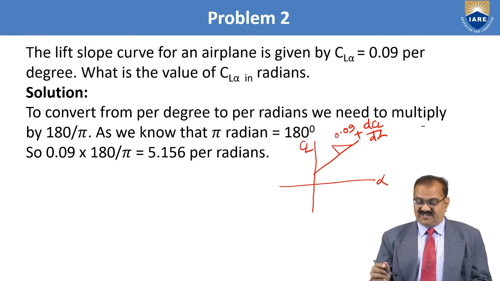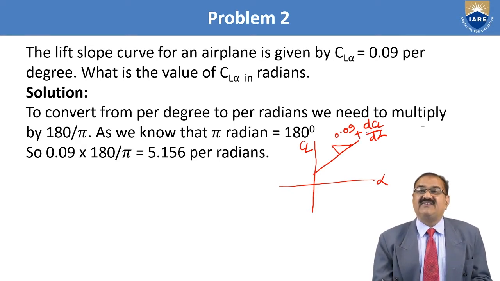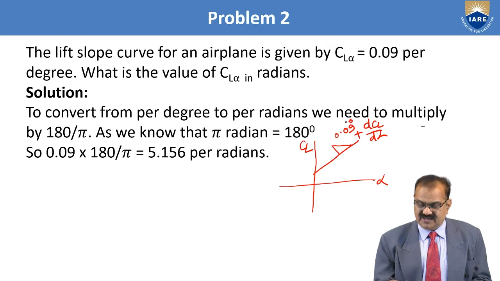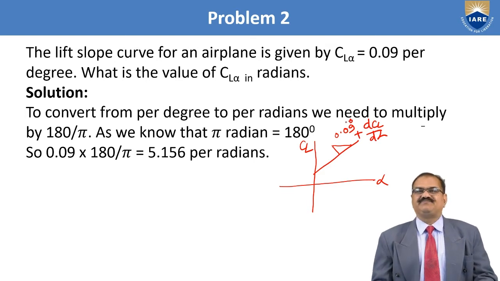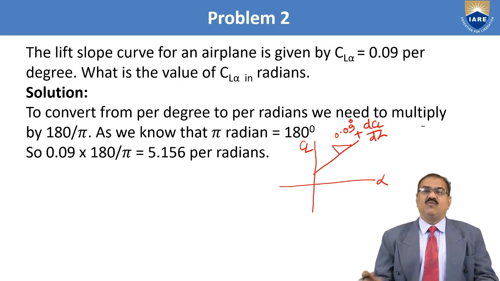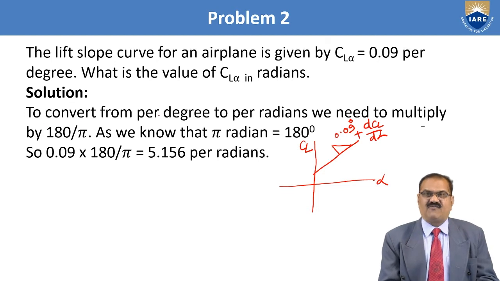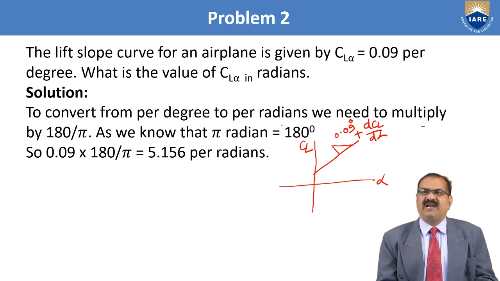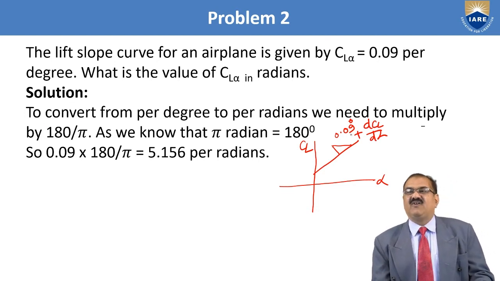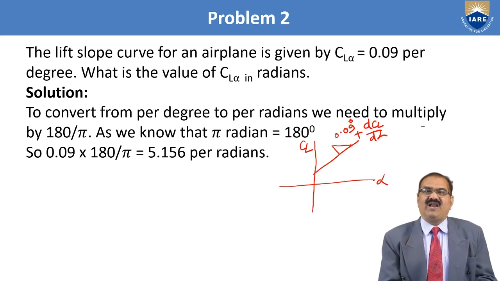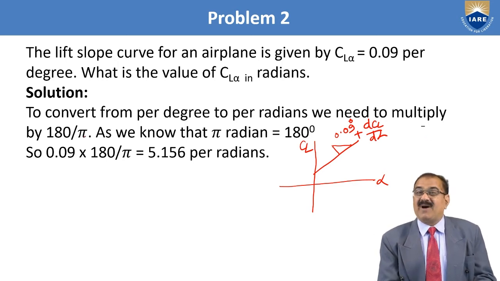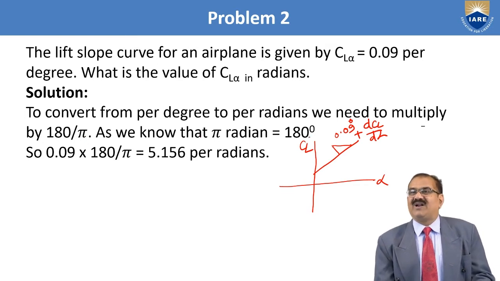We want to convert this into radian. It is in degree. So how to convert? We know that to convert from per degree to per radian, we need to multiply by 180 by pi, because pi radian is equal to 180 degree.